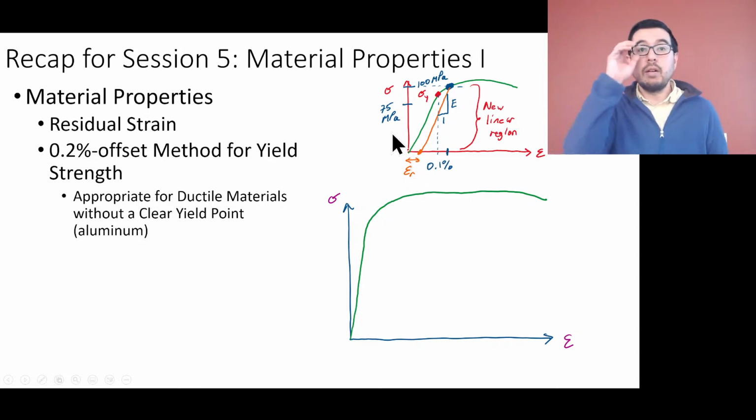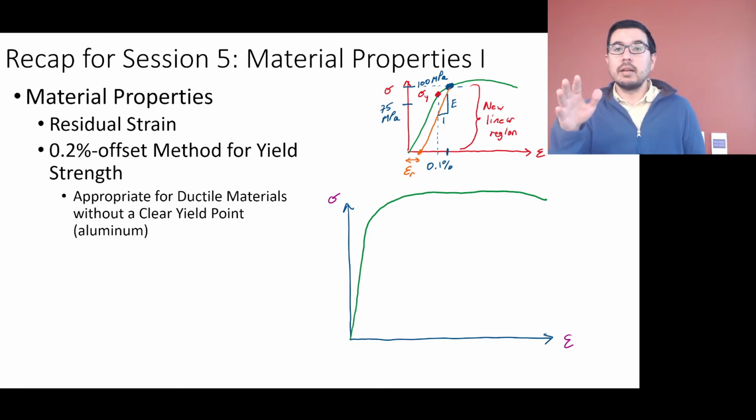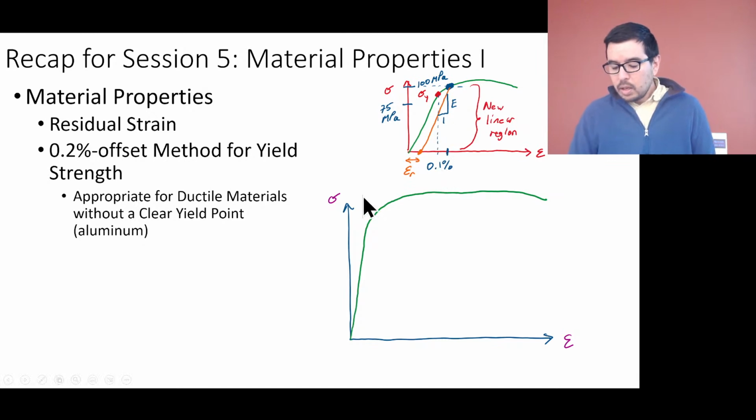We don't spring back all the way to our initial state of zero strain. And then the 0.2% offset method for yield strength.